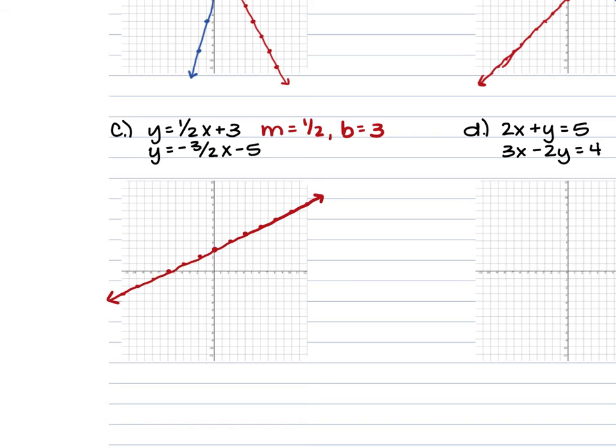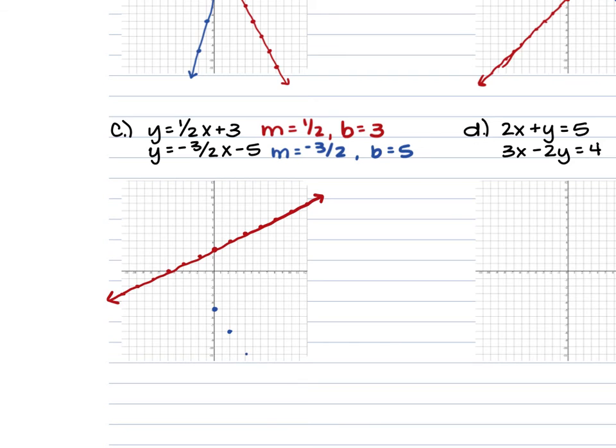Your second line, you have y is equal to -3/2 x minus 5. So our slope is -3/2, and our b value, our y-intercept, is -5. So at -5, we plot that first point. From there, we're going to go down 3 and to the right 2.